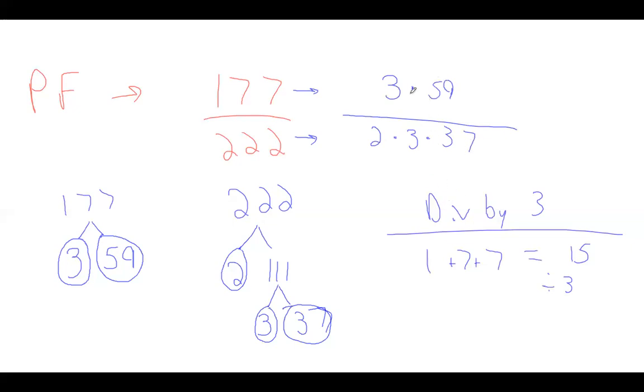If they have anything in common, we can cancel them out because we're dividing them by each other. So then we'll have 59 over 37 times 2, which is 74.